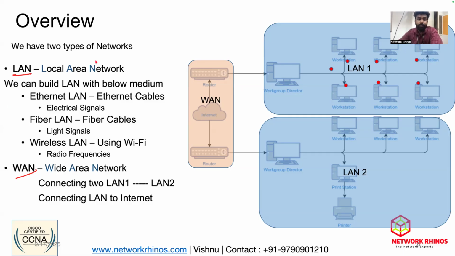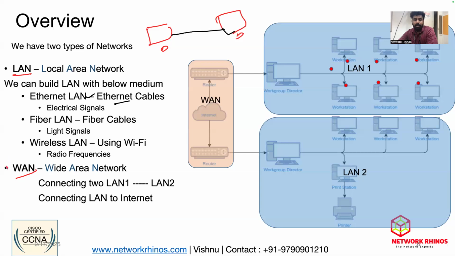Now the question is, how can I connect them? If I have 2 PCs, how can I connect them? I can use an Ethernet cable. If I'm using an Ethernet cable, that's called Ethernet LAN. Simple.